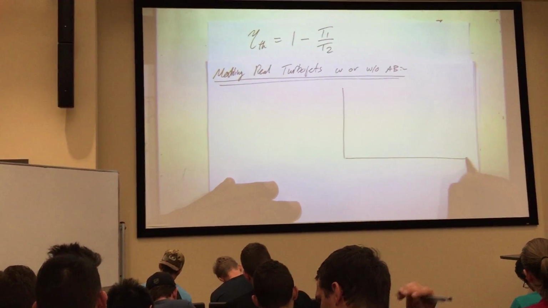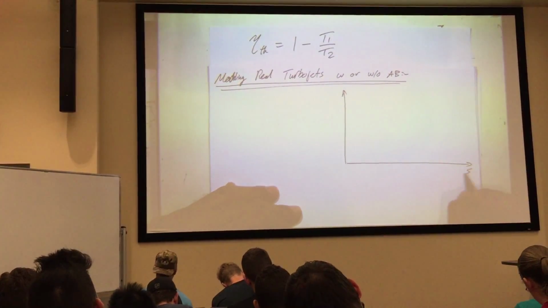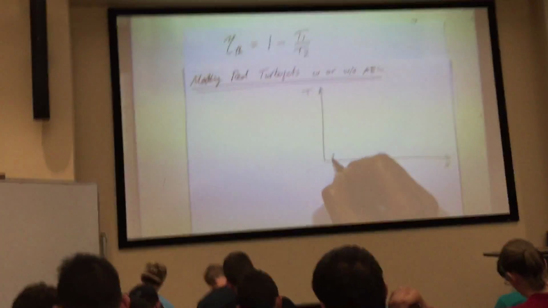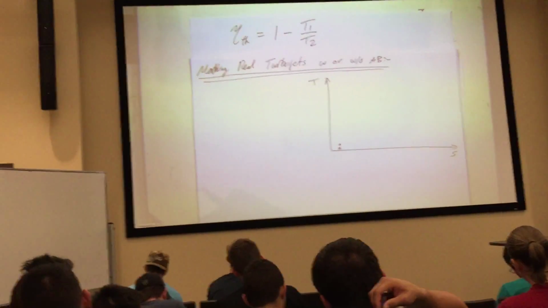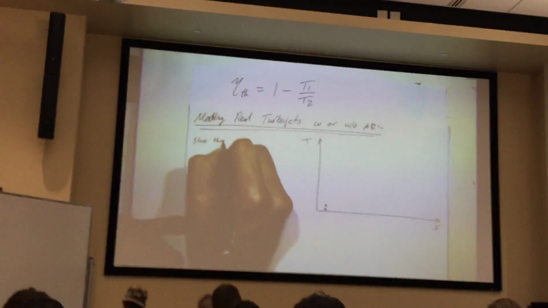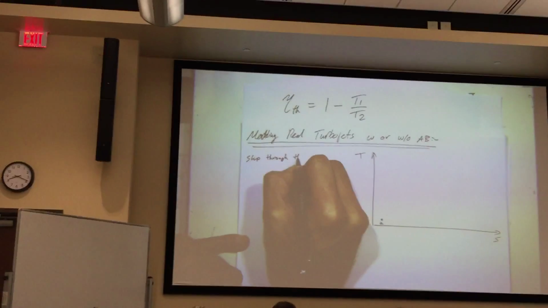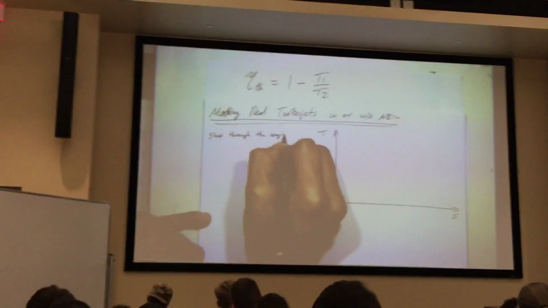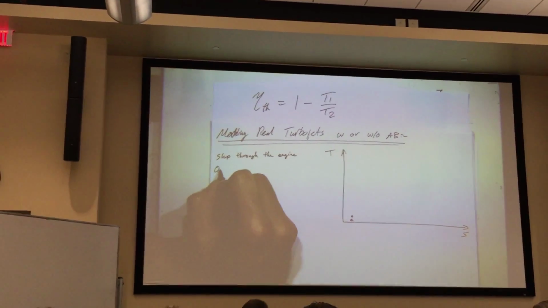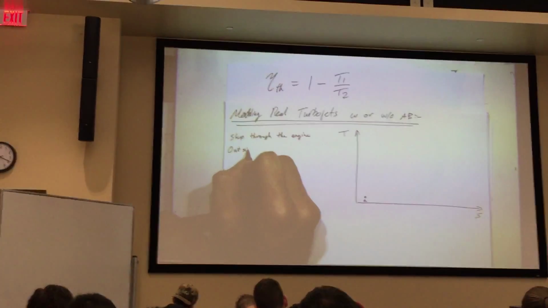So here's my TS diagram. And we already know how to treat a real situation, right? We said if I'm starting at ambient condition and I'm going step through the engine. So the first step is outside the engine.